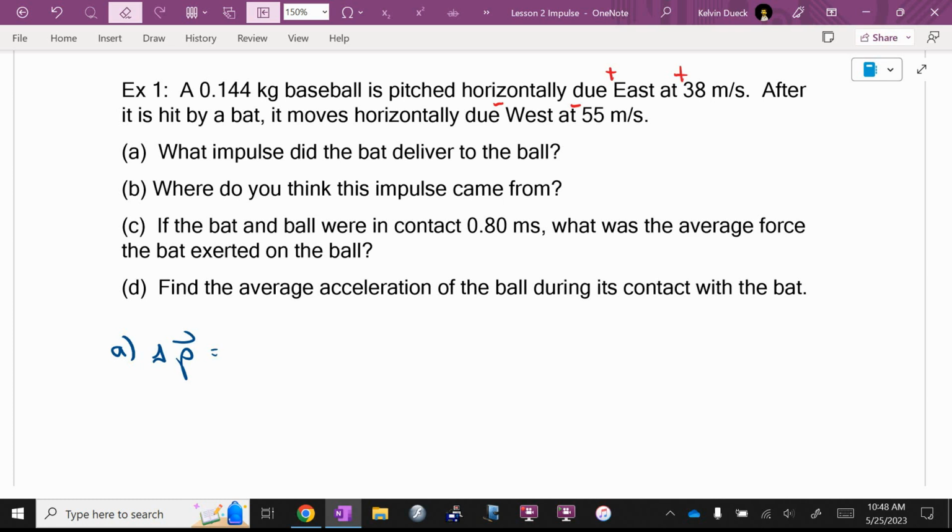I'm going to be using m delta v, but I'm going to write it as mv final minus mv initial. And I can figure that out because of the information. If they'd given me a force and a time, I'd use that one. Okay. What's the mass, Brendan?